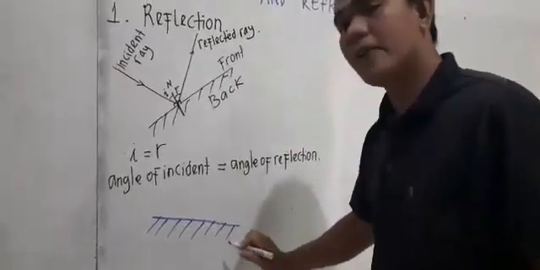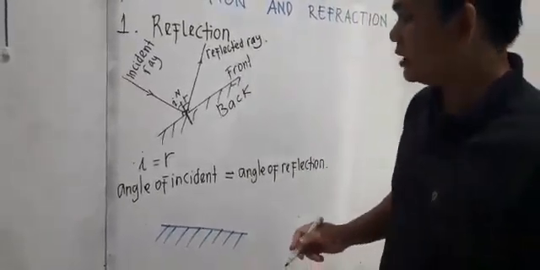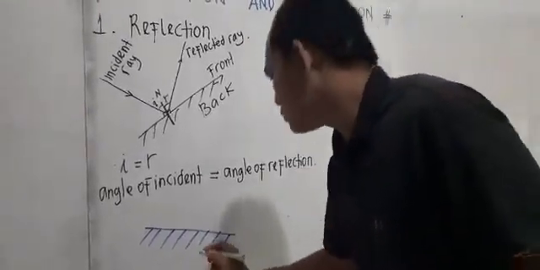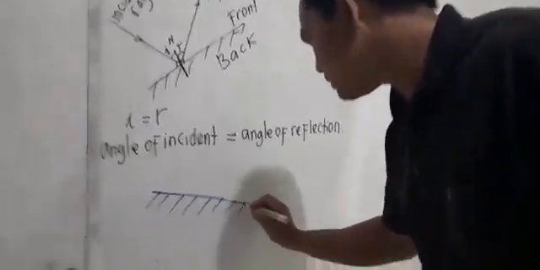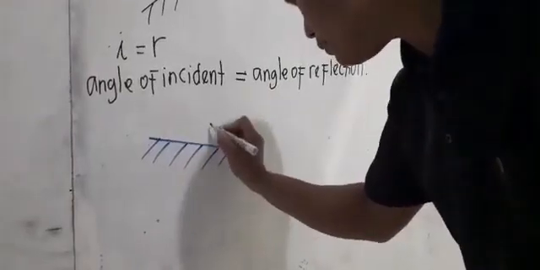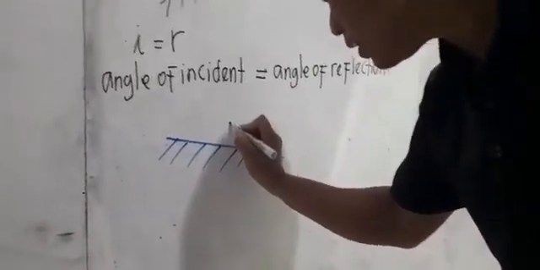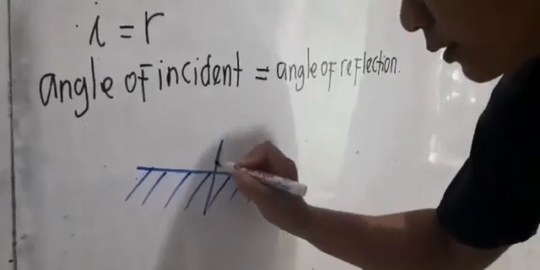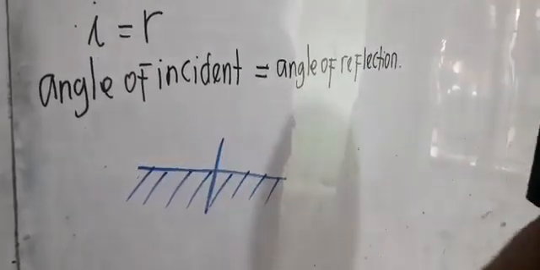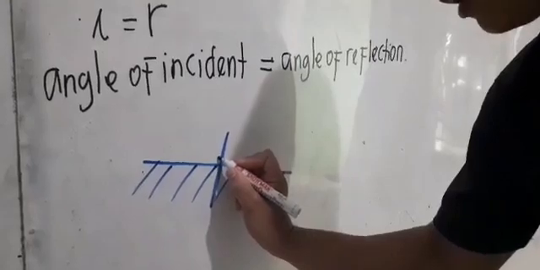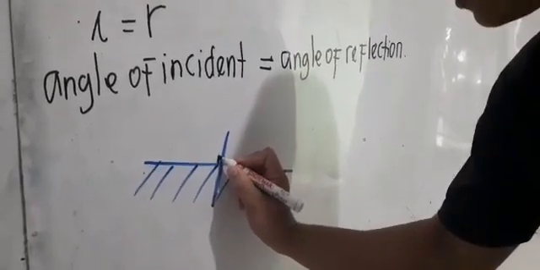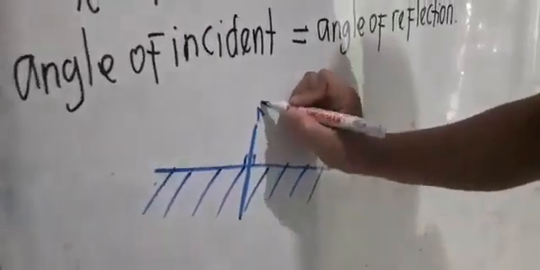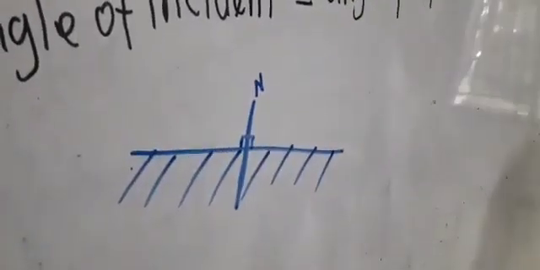This is the back surface, this is the front surface. How do we draw the normal line? We have to look at the surface and then make it perpendicular. It is better if you use an arc or tools to make it perpendicular like this. So this is what we call the normal line.